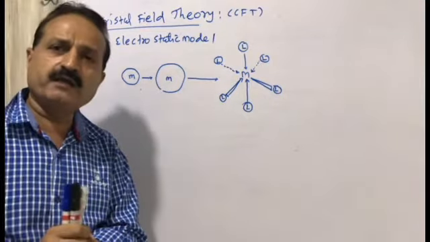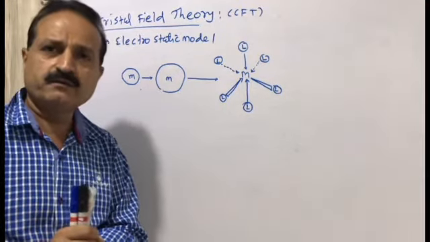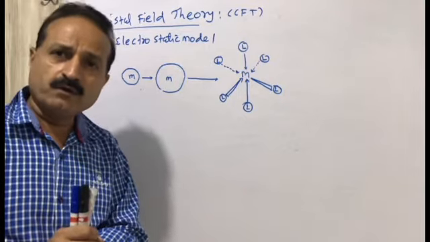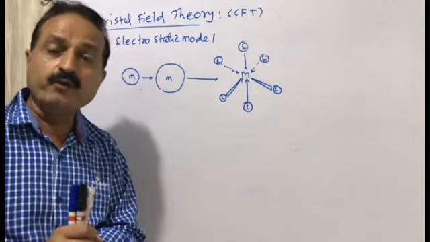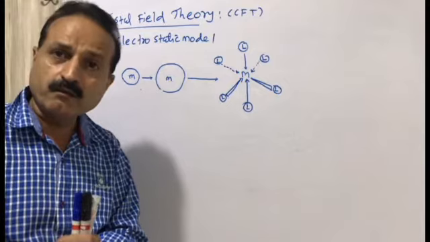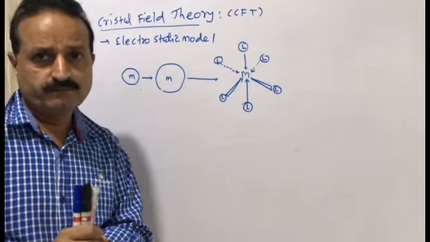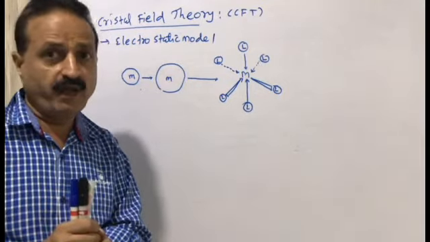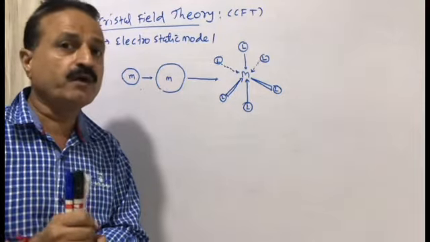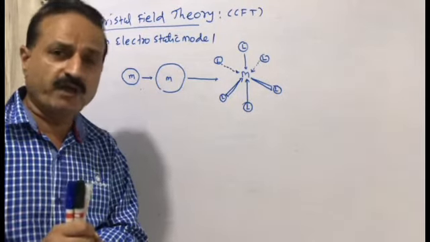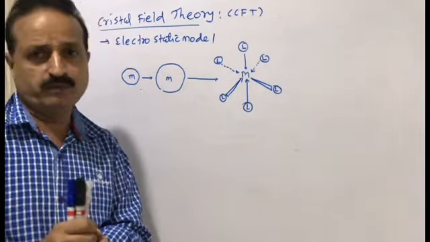Generally a ligand is a negative ion or a neutral polar molecule, and the bond formed is an ionic bond according to CFT.